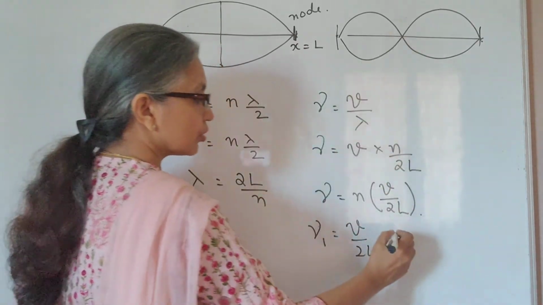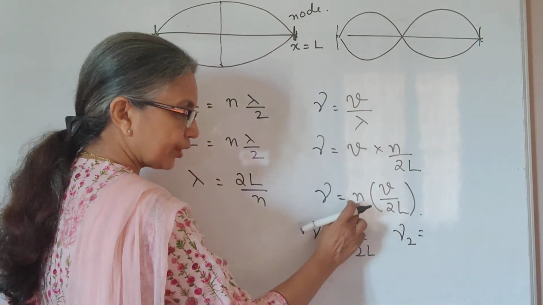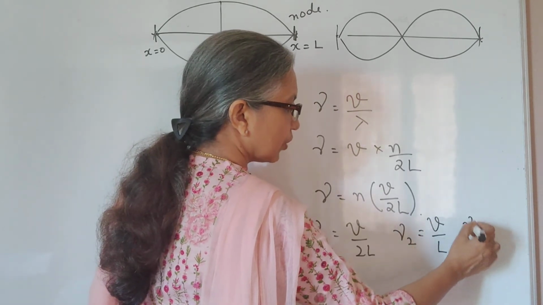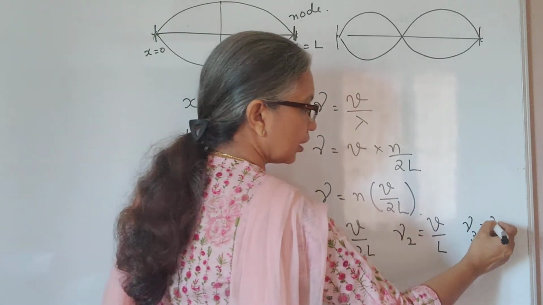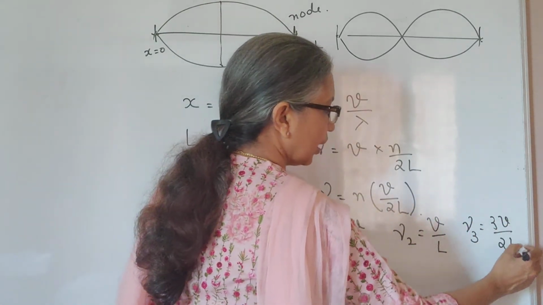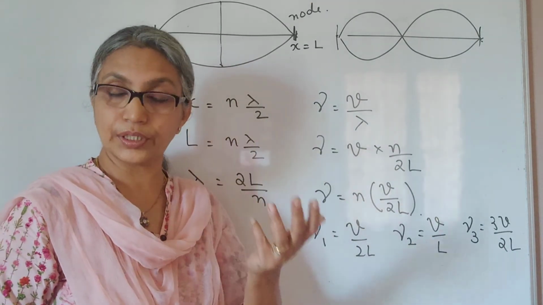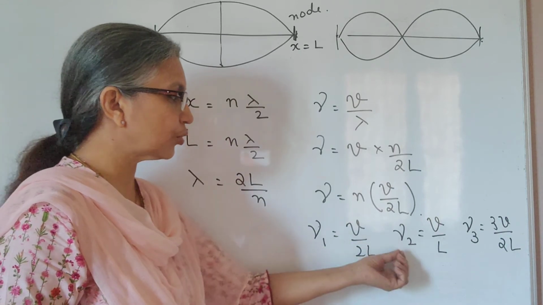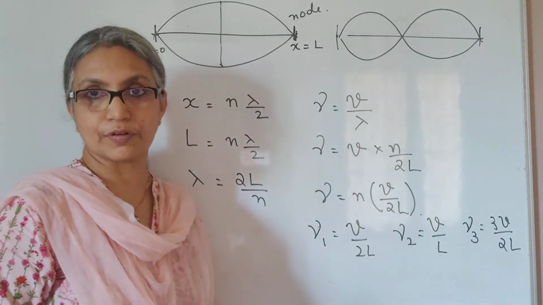If you put it in two modes of vibration, you can have ν2 equal to 2 times v by 2L, that is v by L. If you put it into the next mode of vibration, 3 modes, then this will be 3v by 2L. And you see, you can put your string, the guitar string or the veena, any stretched string, and produce sounds of different frequencies by simply putting it into different modes of vibration.